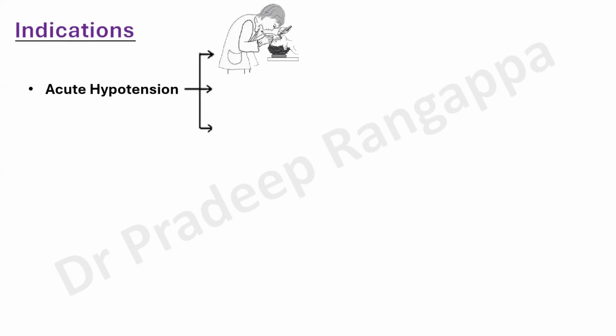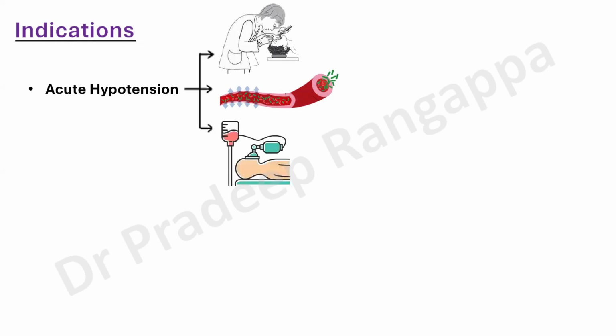That is a typical situation where you would need a push dose or bolus dose vasopressor, or in septic shock, where an acute hypotension sets in, or someone who comes into ER, or in an anesthesia setting. When you look into the body of evidence for push dose vasopressors, most evidence comes from anesthesia settings, and that has been extrapolated to emergency and ICU.